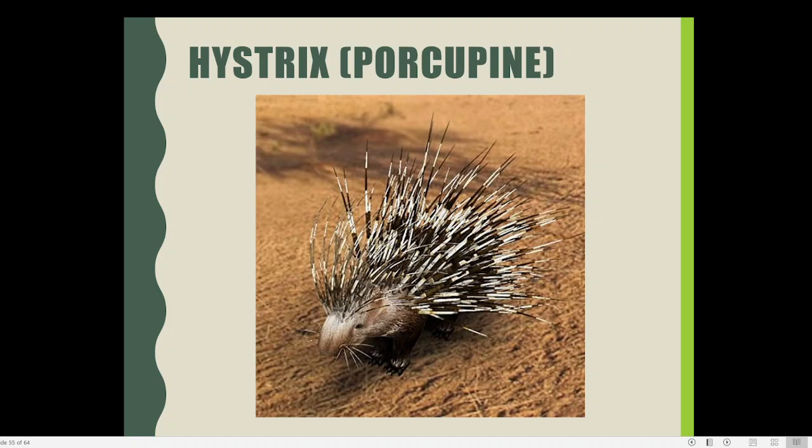So if the spines are attractively colored, predators may be able to remember this animal very easily, so it will not be attacking other members of the same species. So that is the purpose of aposematic strategy or warning coloration. So aposematic strategy is known as a warning coloration.